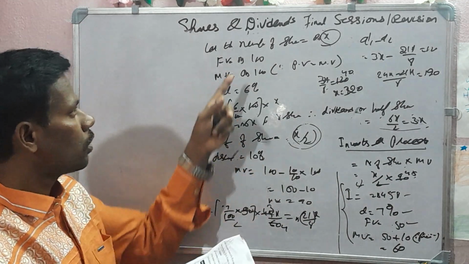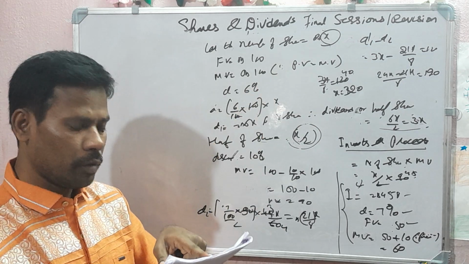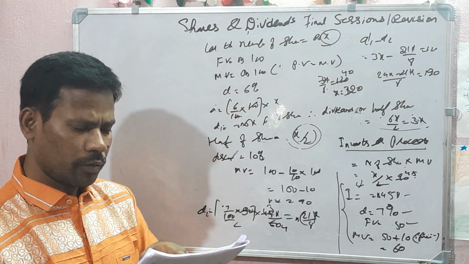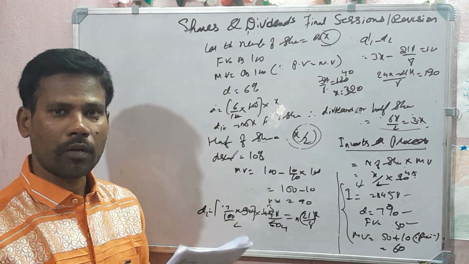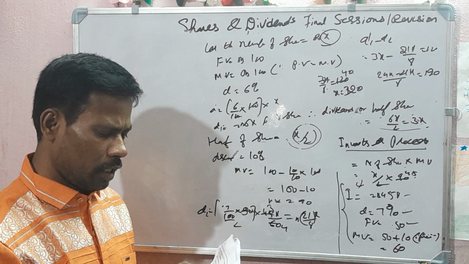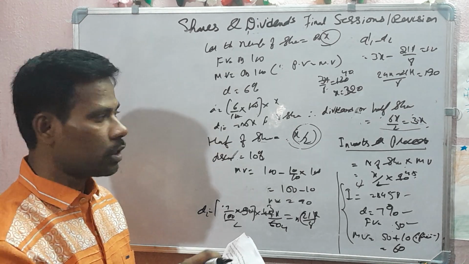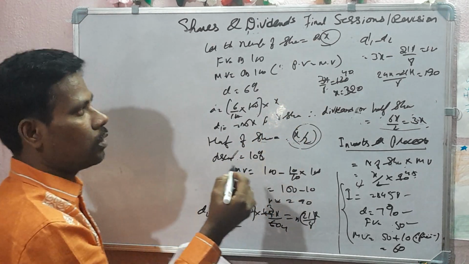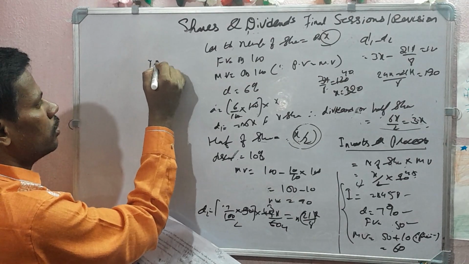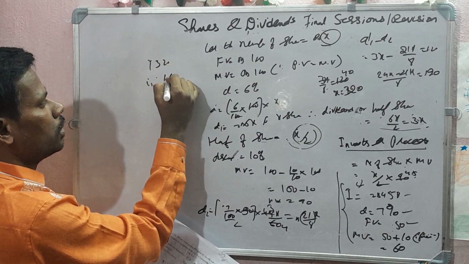So the first bit is clear. The number of shares before the transaction is 320. The number of shares he sold: he sells half of the shares. So 320, half of the shares of 320 is 160. So the first bit is 320, the second bit is 160.